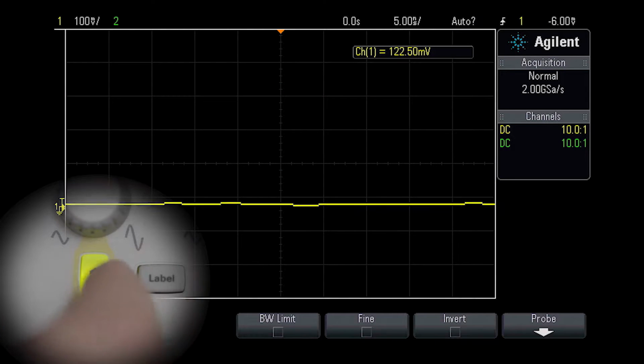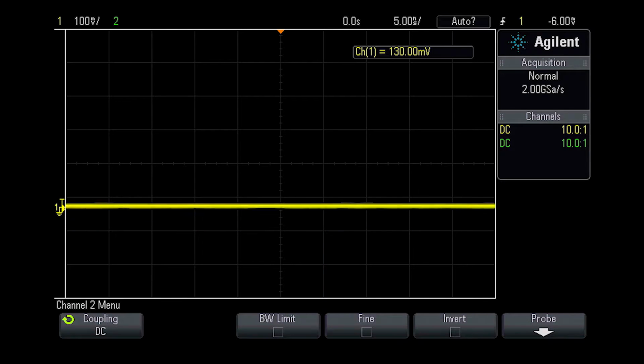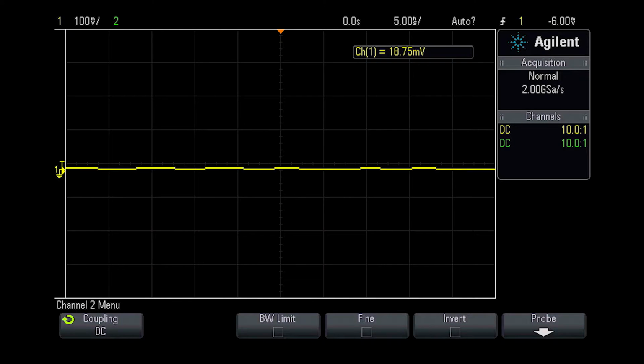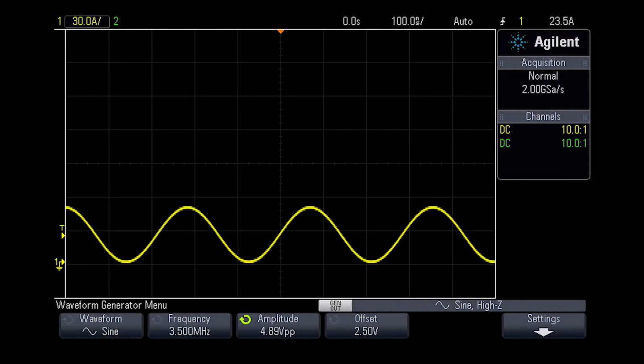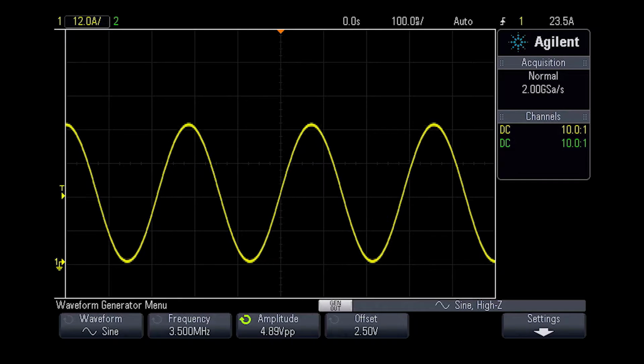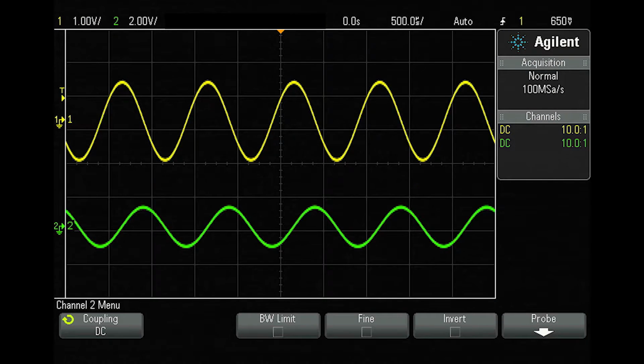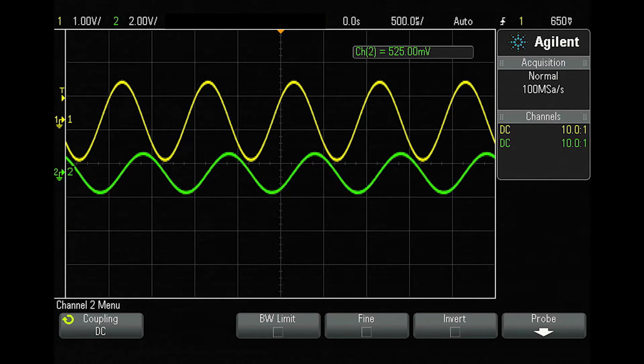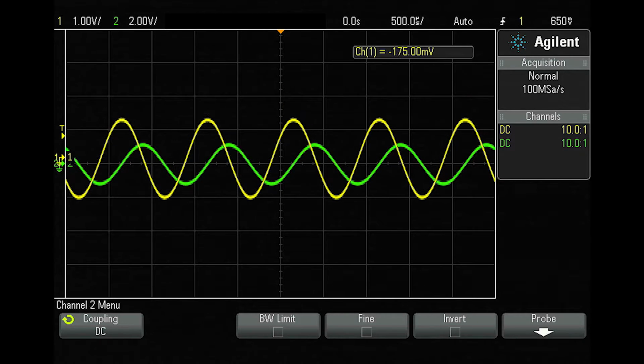The vertical position dial adjusts where the ground baseline is on the display. For normal measurements, this can be left in the center position, but if necessary, the ground can be moved in relation to the screen to allow for more vertical adjustment of a signal. It can also be used to move channels to superimpose them.